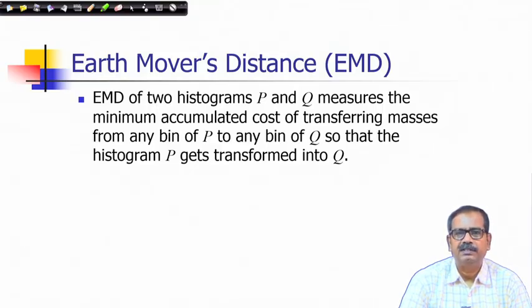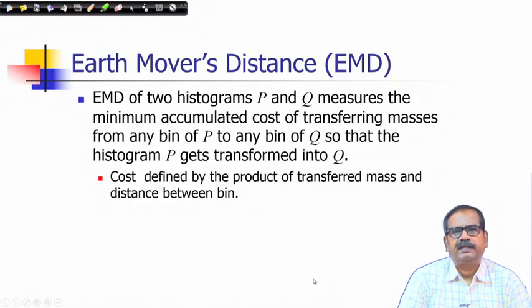Frequency is considered, and each unit of that frequency is considered as a mass. And you transfer a portion of that to another bin of Q, so that the histogram P gets transformed into Q.